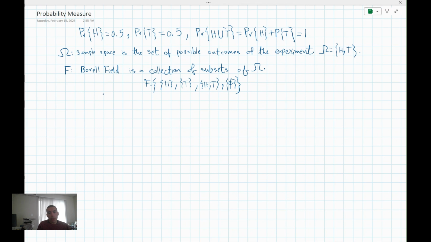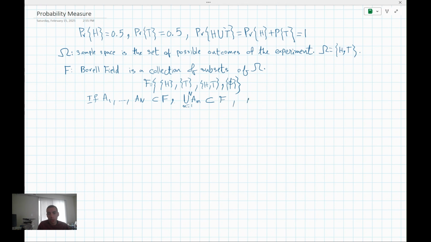So technically, a Borel field has to satisfy a more stringent condition, which is that if A1 up to AN are in the field, then the union of these A's, the union from n equals 1 to capital N, has to also be in the field.